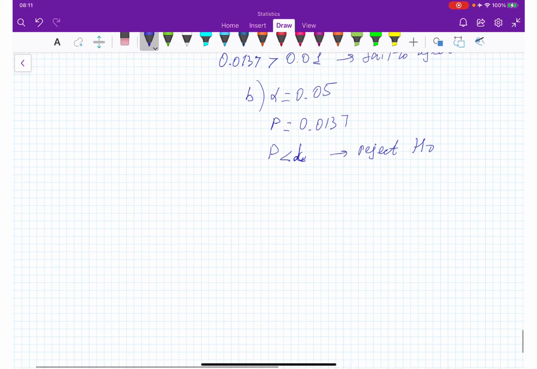Number 16 is something similar. What are we given?